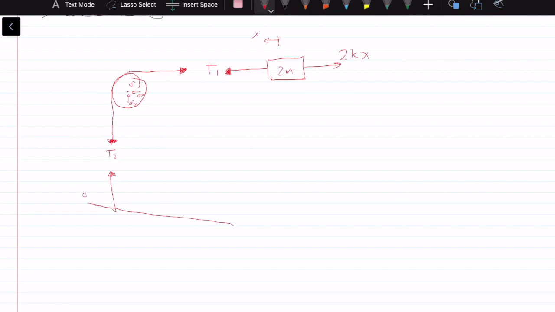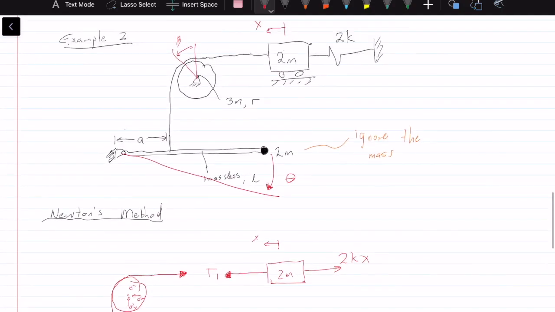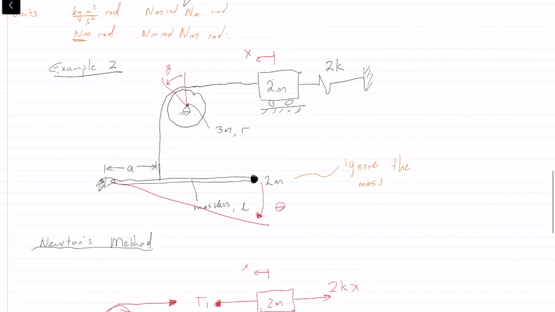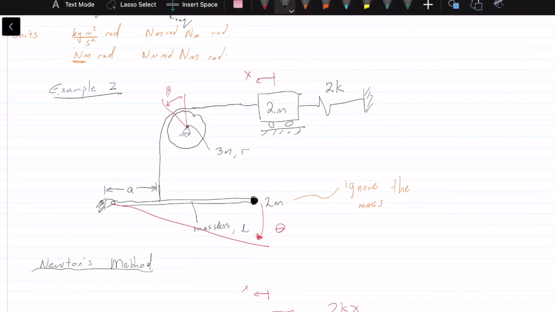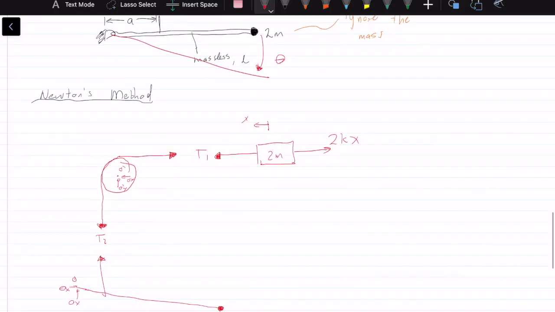Again, our reactions, I'm going to name that point O, so we have Ox going that way and Oy going that way, and we have our 2m. So we have 2mg, but I'm going to put the word ignore there, just to remind myself that we need to ignore that mass, and we don't really care what's happening with that mass. And obviously the question is to calculate the equation of motion. So we have to determine the equation of motion.